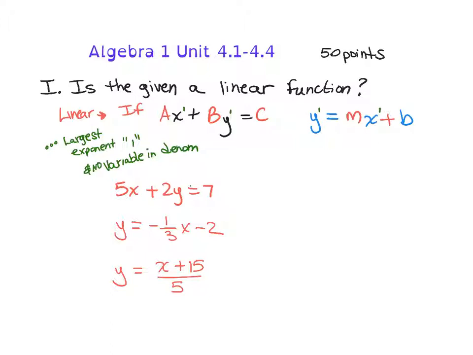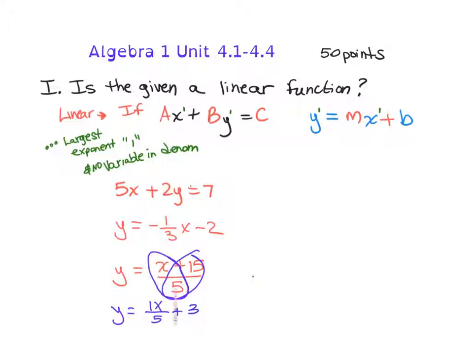Because if you go back to when we learned how to separate this at the very beginning of the year, that's the same thing as x over 5, which is really 1/5 x plus 3. There's an x, there's a y, highest exponent is 1. It is considered linear. But why 3? Because if we simplified, you get 1x over 5, and 15 over 5 is 3.